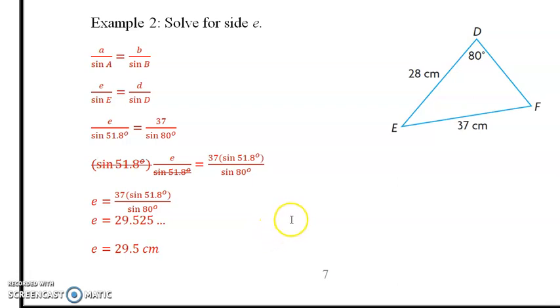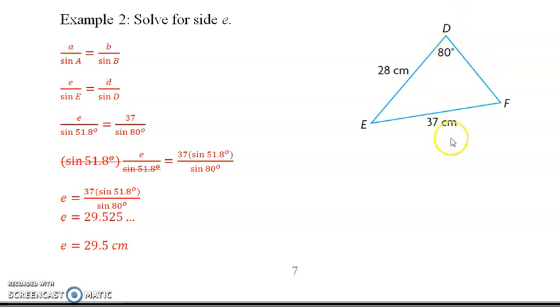So let's take a look and see if these answers are making sense. Remember, we talked about in the first video that the longest side is opposite the biggest angle. So the biggest angle was 80, and this side ended up being 37, the longest side. 28 was with this angle F, and angle F was 48.2.